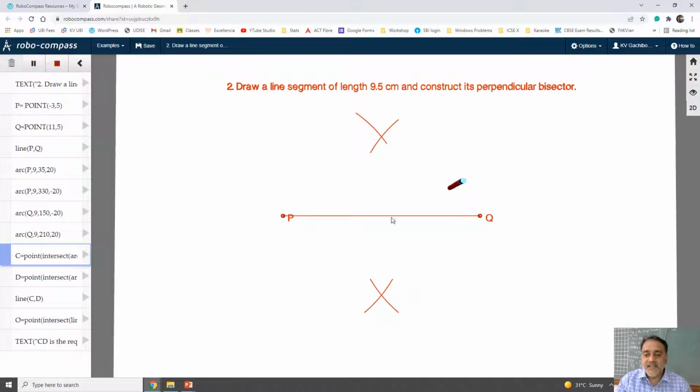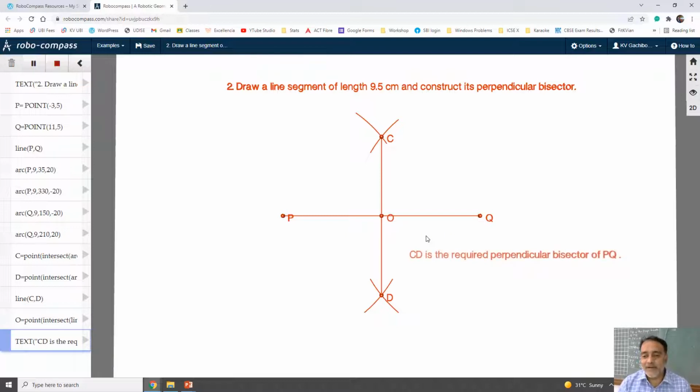This point is C and this point is D. Now after that, we will join CD by using ruler. ठीक है, C और D को हम लोग ज्वाइन करेंगे रूलर का यूज़ करके. एक मिनट, ज्वाइन कर रहे हैं हम लोग CD, राइट, and which will intersect PQ at point O. So CD is the required perpendicular bisector of line segment PQ and O is the midpoint of PQ. ठीक है? So this is the question number 2.